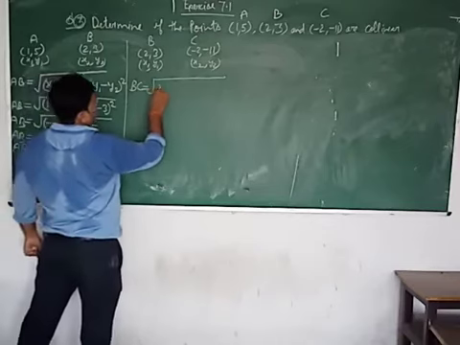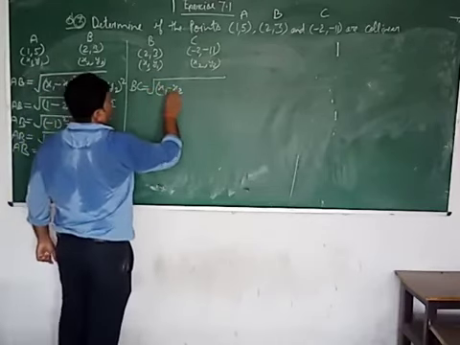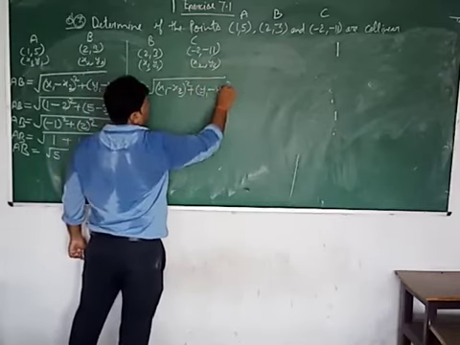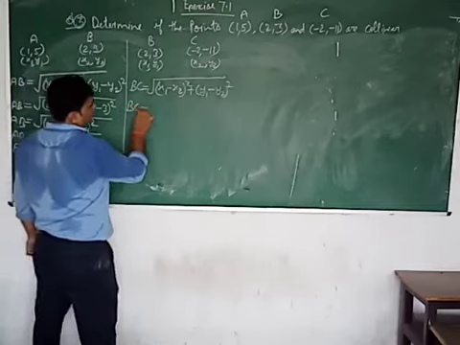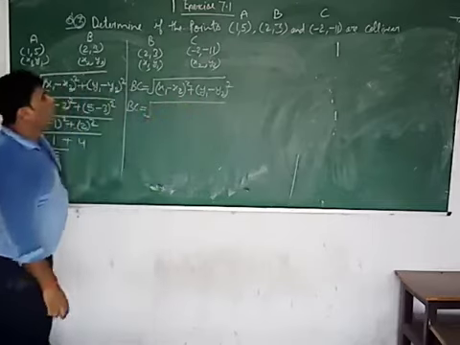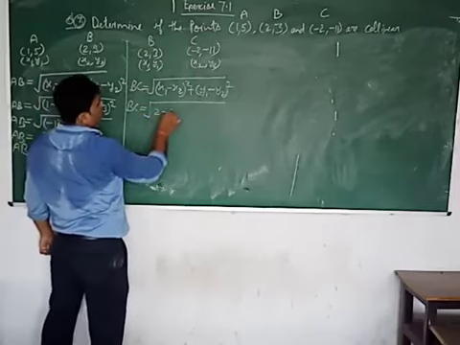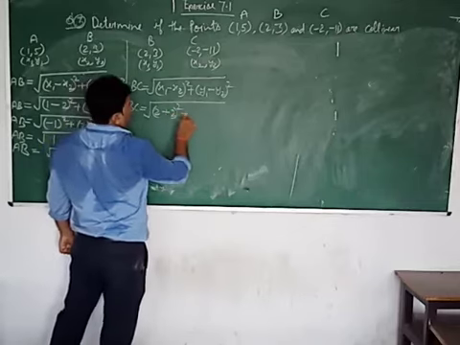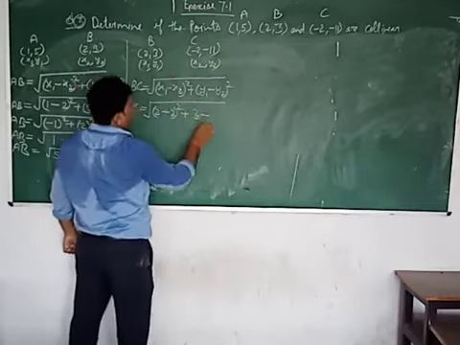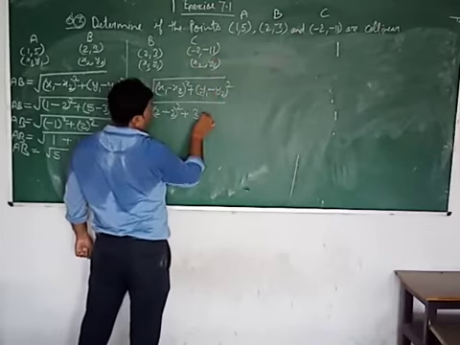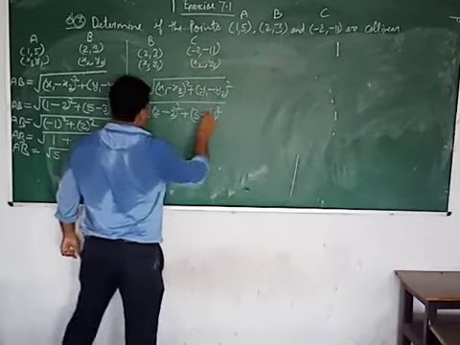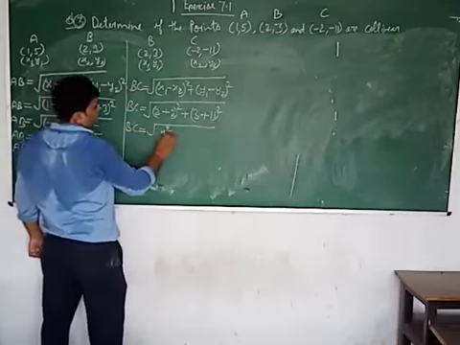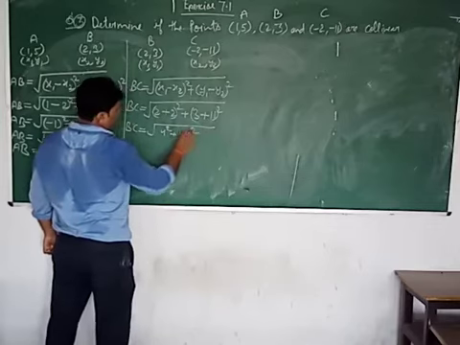Under root, same formula, (x1 minus x2) whole square plus (y1 minus y2) whole square. x1 is 2 minus x2 is -2, but here it is minus, so it will be plus: 2 plus 2. y1 is 3 minus y2 is -11, so it will be 3 plus 11. BC equal to 2 plus 2, 4 square, plus 3 plus 11, 14 square.